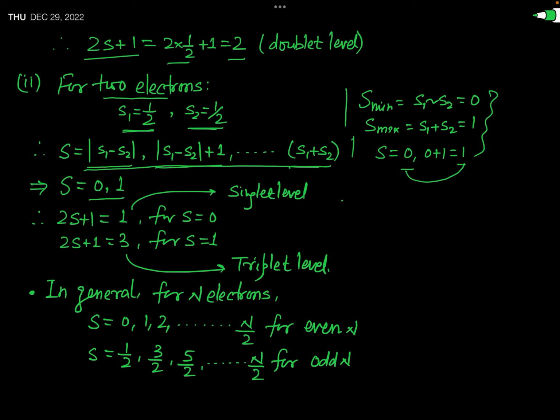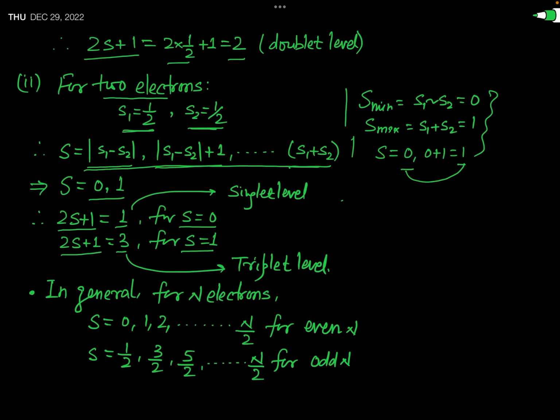When S is 0, then what will the multiplicity be? Multiplicity is 2S plus 1, and this will be 2 into 0 plus 1, that is 1. This multiplicity is for S equal to 0. And when S is equal to 1, the multiplicity will be 2 into 1 plus 1, that is 3.